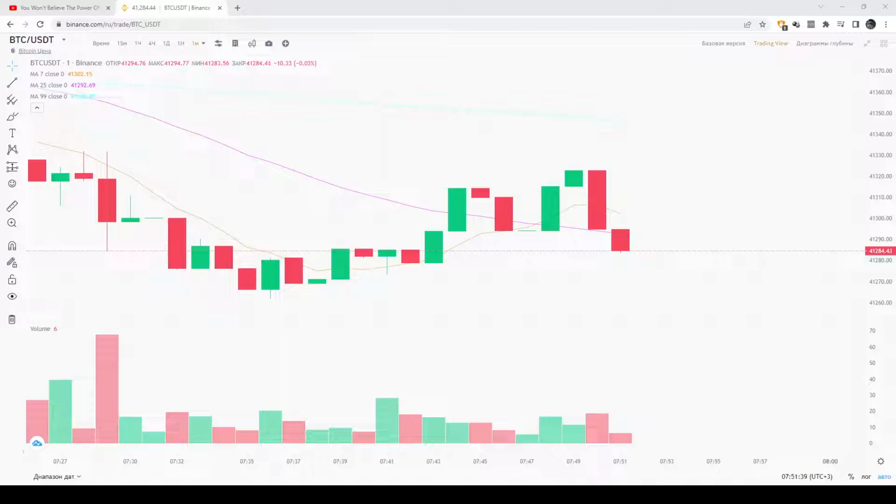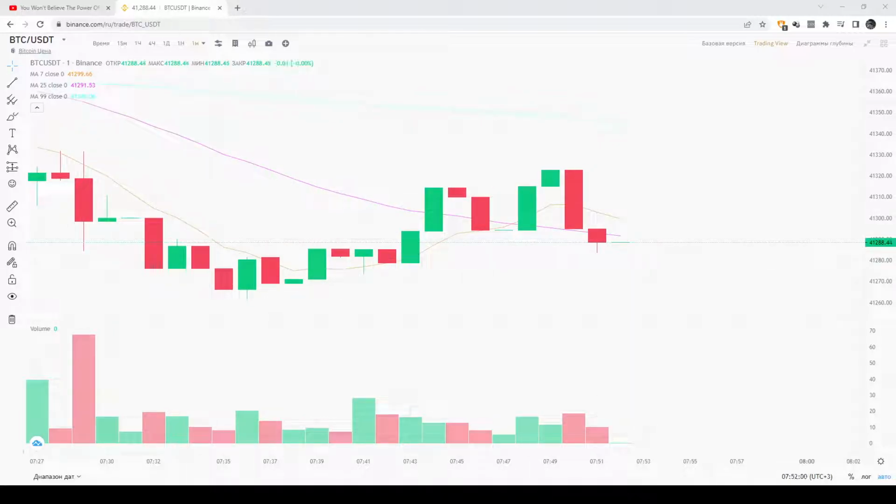Now, where the fractal completes, the arrows can be visually deceiving, so be careful. Why? Since the pattern is actually completing two bars to the right of the arrow. The first available entry point after seeing an arrow is the opening price of the third bar to the right of the arrow.